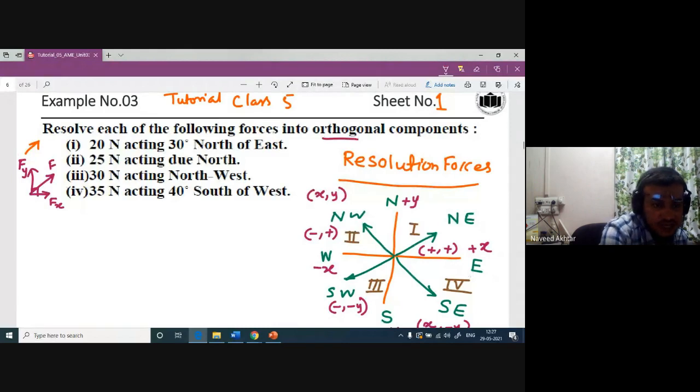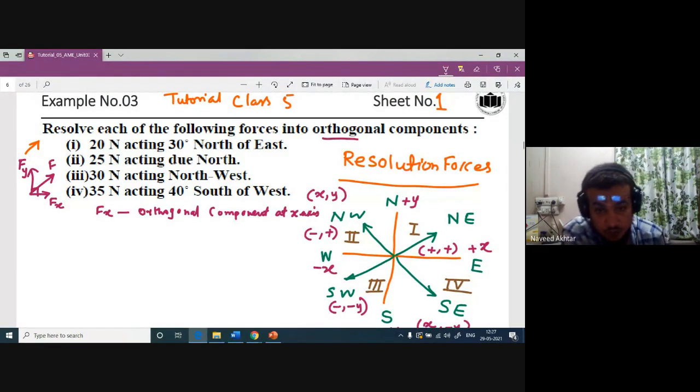So Fx is the horizontal component at the x-axis. So this is the orthogonal component at the x-axis. Okay. It may be positive, it may be negative, based on the quadrant.